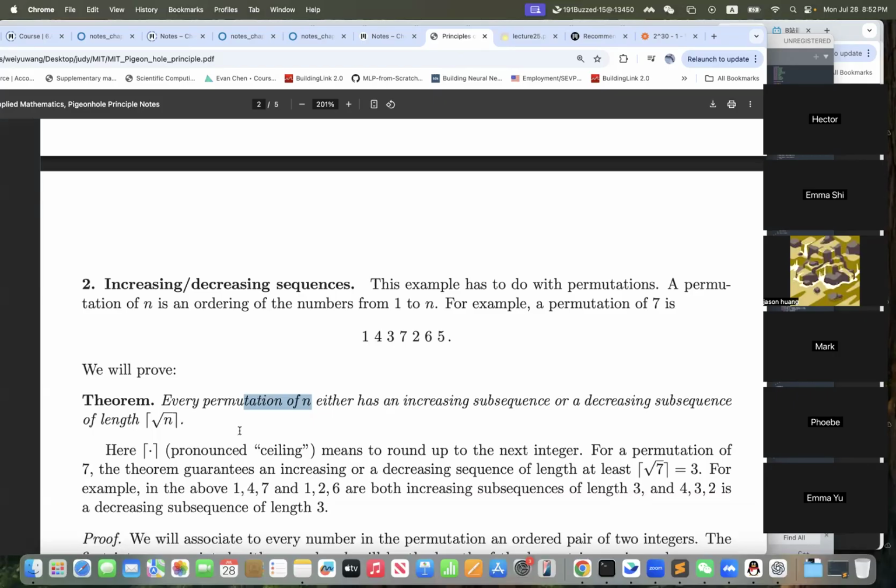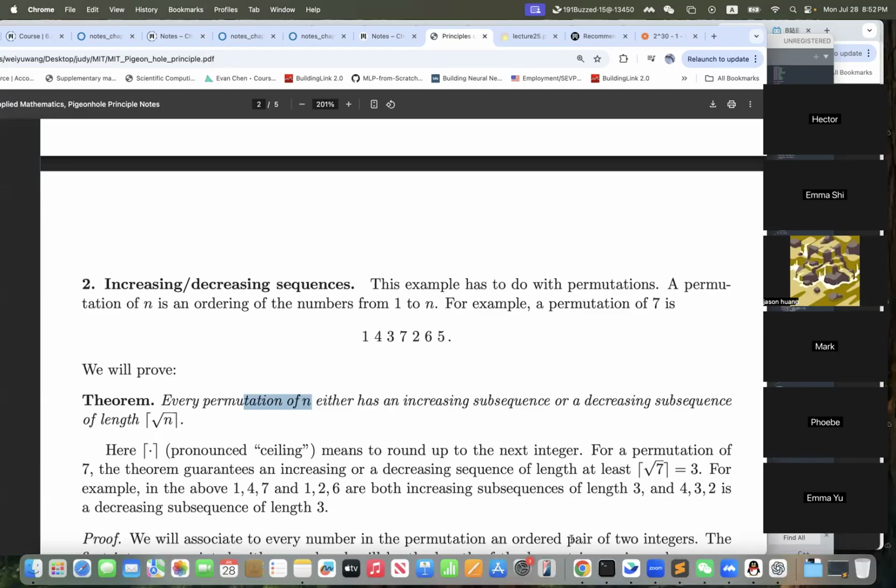But no matter how you permute it, no matter how you shuffle it, there will always exist an increasing subsequence that is long enough. That is very long, longer even than root 10. That is quite interesting, right?